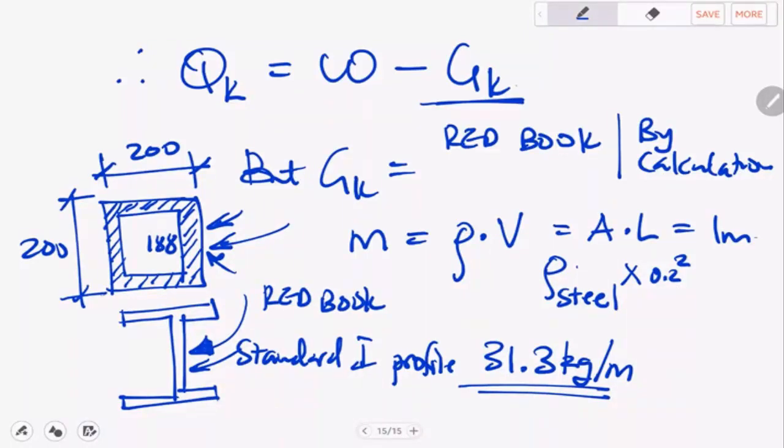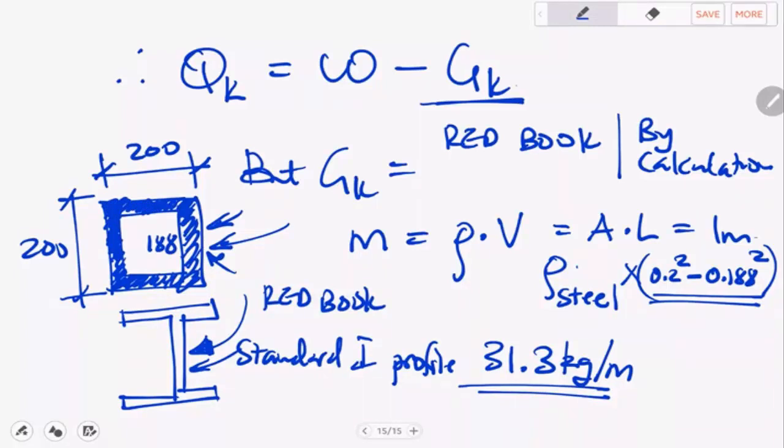So if I say 0.2 times 0.2, that's 0.2 squared minus 0.188 squared. It's going to give me the cross-sectional area of this section. Are we together? Yes, sir.